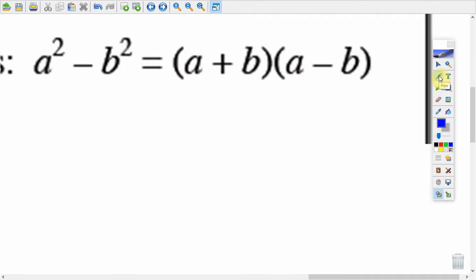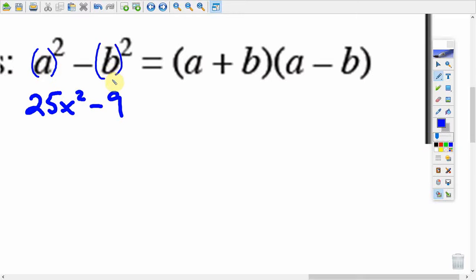Easy one right away would be something like you've done in the past, which might be like 25x squared minus 9. You should recognize that those are perfect squares. And if I rewrote them in this format so that you had a squared minus b squared, that would be (5x) squared minus 3 squared.